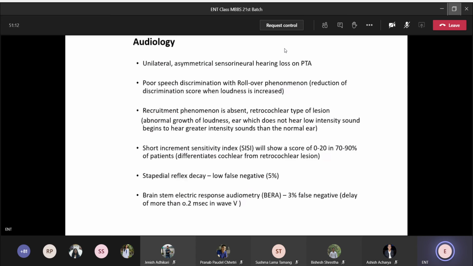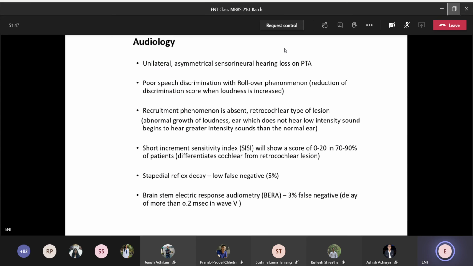Now, audiology has lots of different tests that you can use to see if the patient has acoustic neuroma or not. But the common one that we do is pure tone audiogram, and here you will see unilateral asymmetrical sensory neural hearing loss. So this can even come in your MCQs. Another is poor speech discrimination with rollover phenomenon.